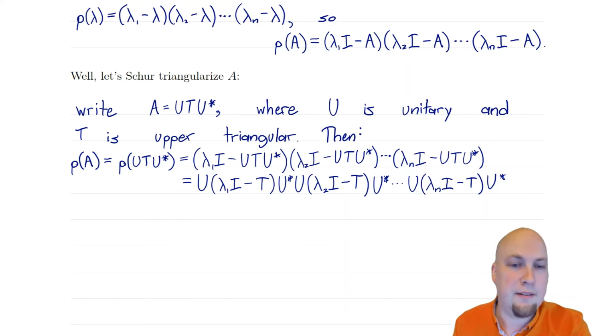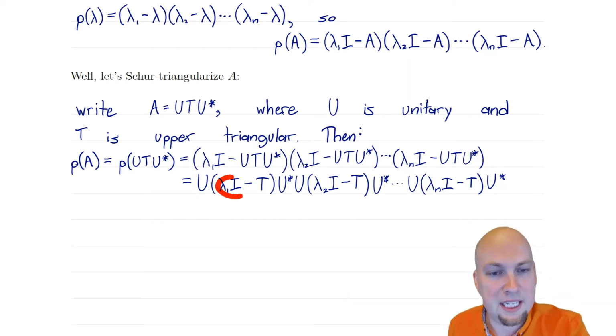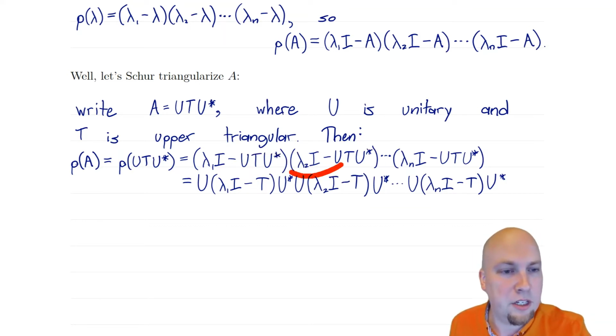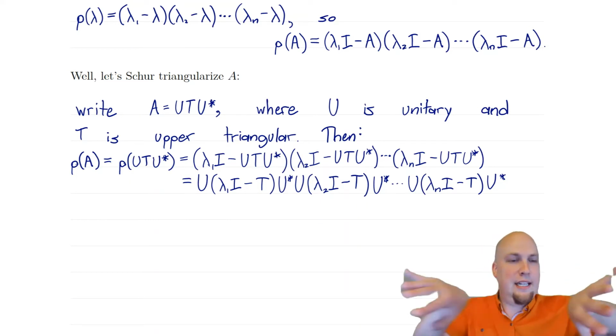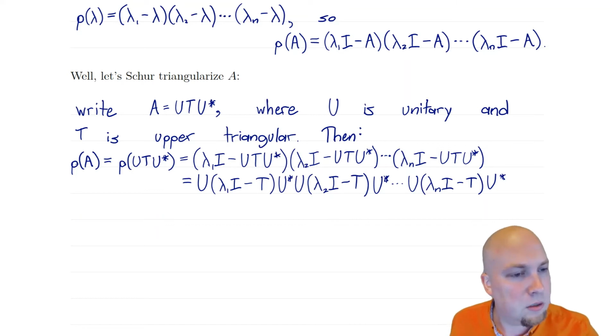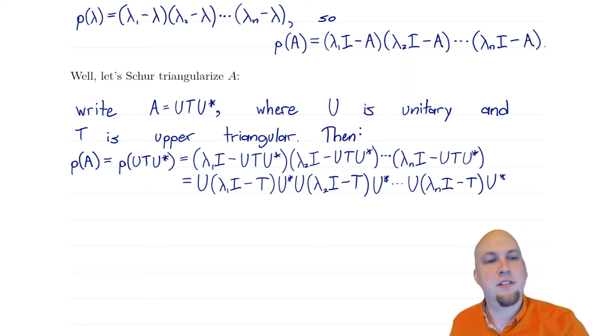When these come in and multiply by the I, I still get an I, and when they multiply by the T, I get UTU star. And then I do the same thing on the second factor, pulling a U and a U star out on the left and right respectively, and so on down the line. I do that for all of the factors in this big ugly product.